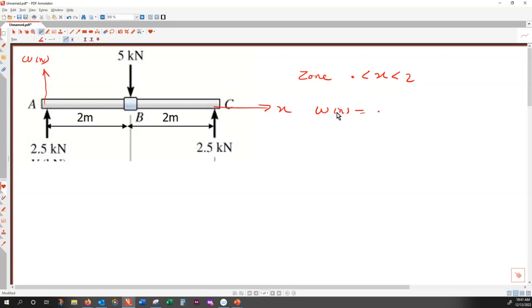Because W of X is 0, and we know by the method of equation the relationship between W of X and shear force, we know that dV is equal to W dx.